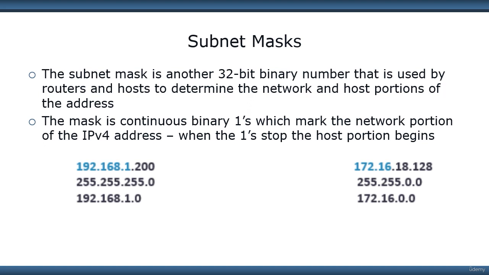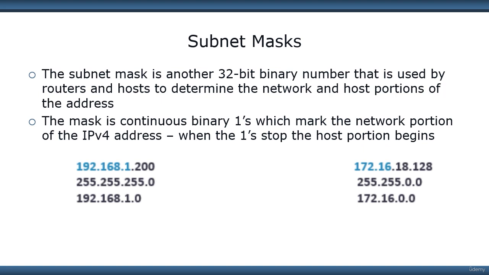So it can't be like 1 0 0 1 1 1 1. It would be all 1s. When the 1s stop, the 0s start. That's also your dividing line. That's the line that differentiates the network portion, everything to the left of it in the address, versus the host portion, everything to the right of it in the address. And to illustrate that, we've got some stuff highlighted here.